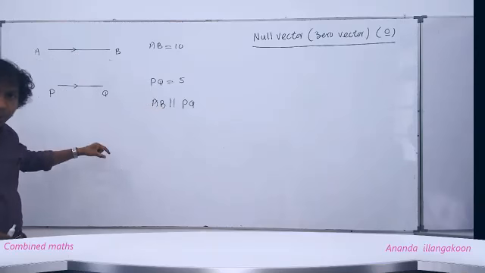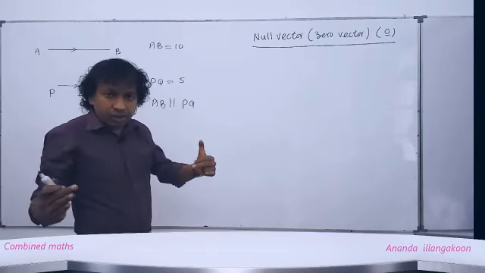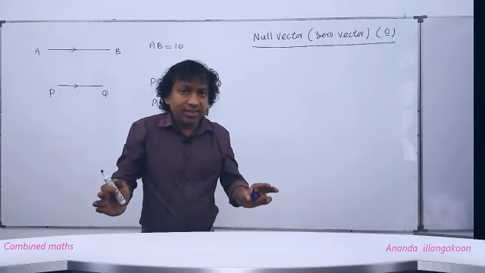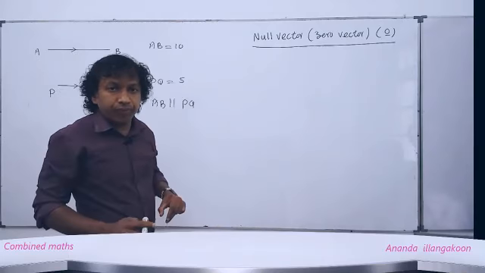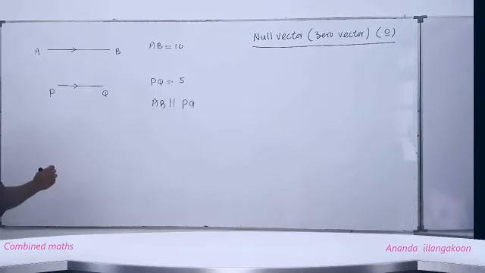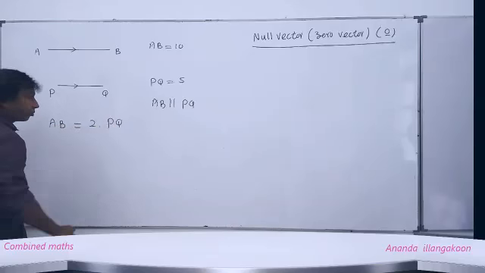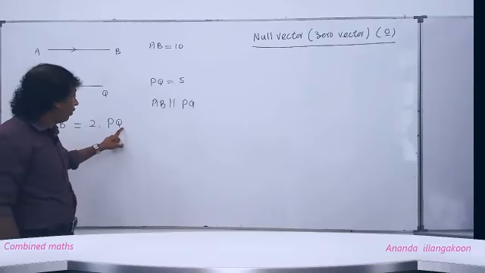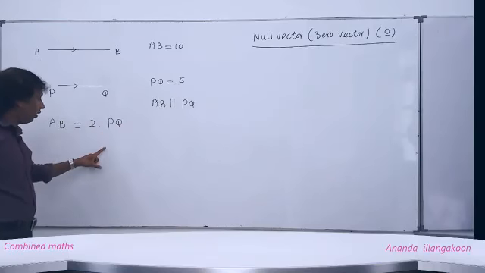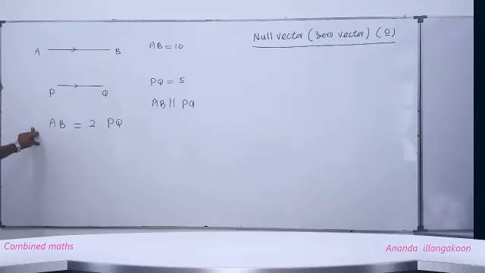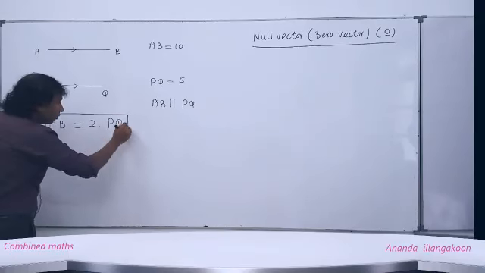Then in order to establish two equal vectors, we have to match the length of the two line segments. Now you can see AB length is equal to 2 times PQ length. Why? PQ length is 5, and 5 into 2 is 10.